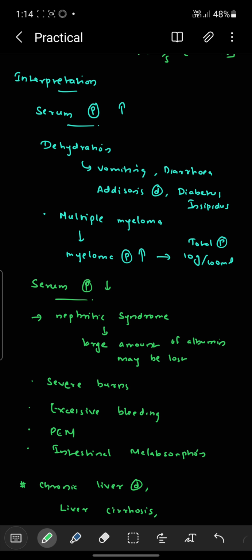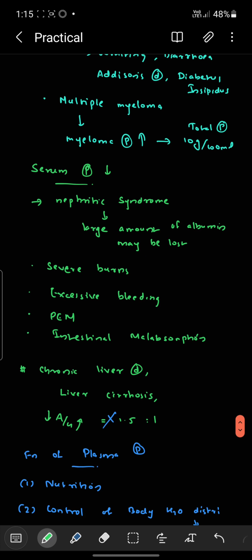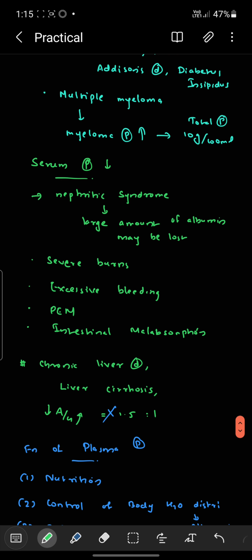Then certain conditions called multiple myeloma, where the myeloma protein is increased, and when you are estimating the total protein, it will reach up to 10 grams per deciliter. There are conditions where the serum protein is decreased, especially nephrotic syndrome where the kidneys are damaged and a large amount of albumin may be lost through urine.